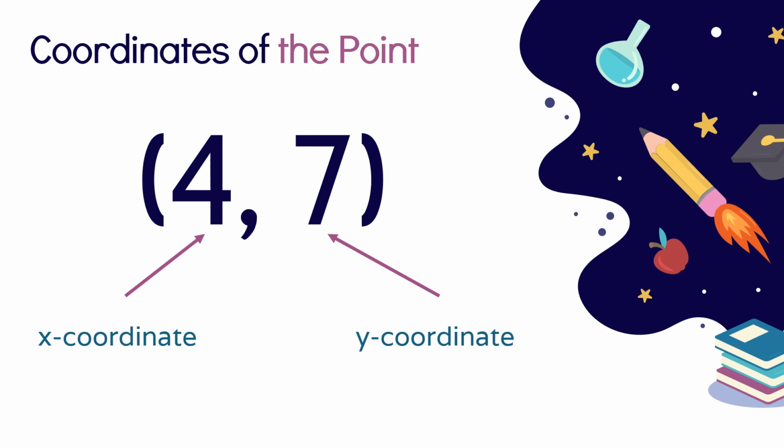The latter terminology would require that the coordinates of the point (x, y) be referred to as abscissa and ordinate. So aside from x-coordinate, we can call it abscissa, and for the y-coordinate, we have ordinate. And combining them, we call them coordinates.